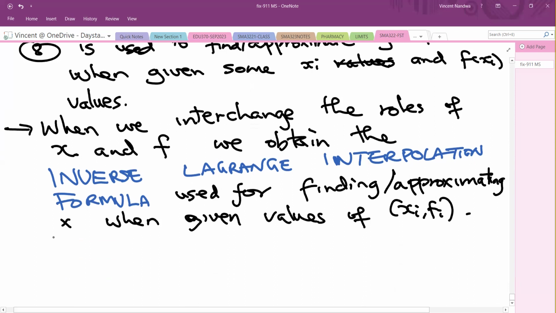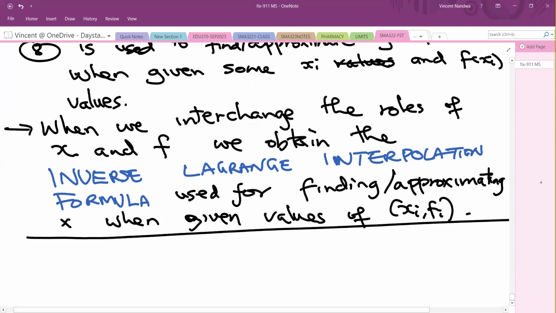To rewrite the inverse Lagrange interpolation formula, where there is x, you replace by y, or f, and where there is xi, you replace by yi or fi.